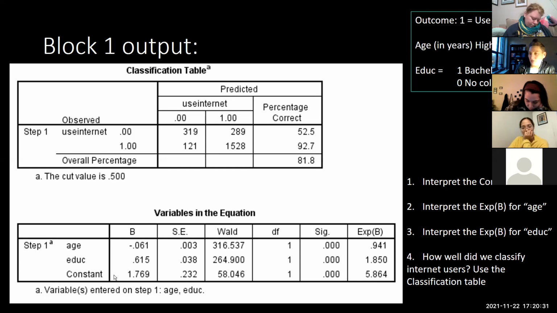Because here we go. As you go up, this is positive, not negative, so our likelihood's going up. And the odds of a yes, using the internet, with a college degree are 1.8 times the odds without a college degree.